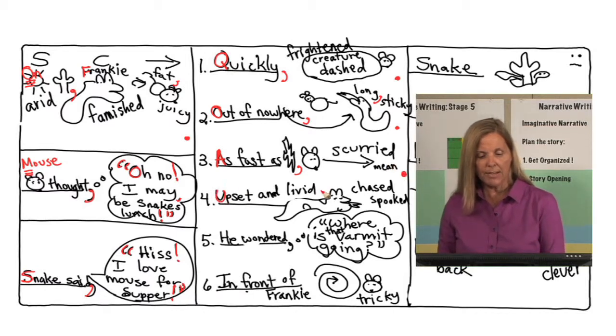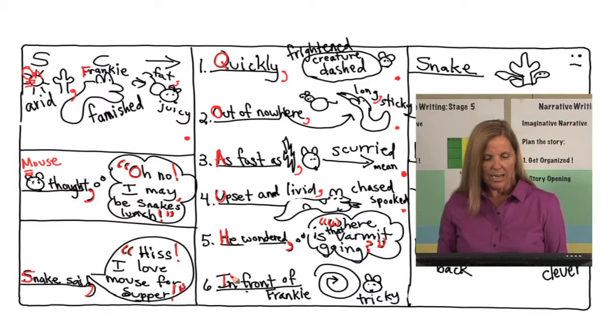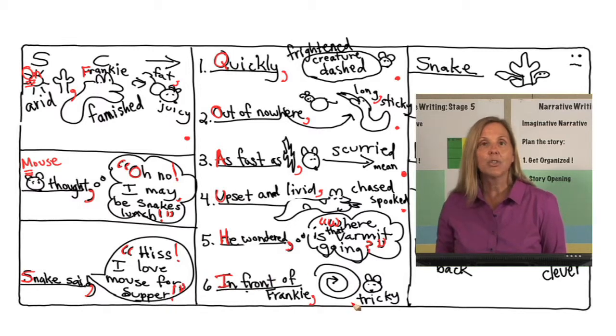Upset and livid, Snake chased after the spooked animal. He wondered, "Where is that varmint going?" In front of Frankie, the tricky mouse started running around and around in a circle.